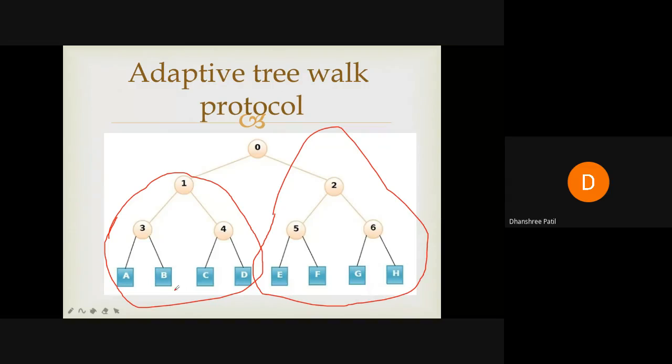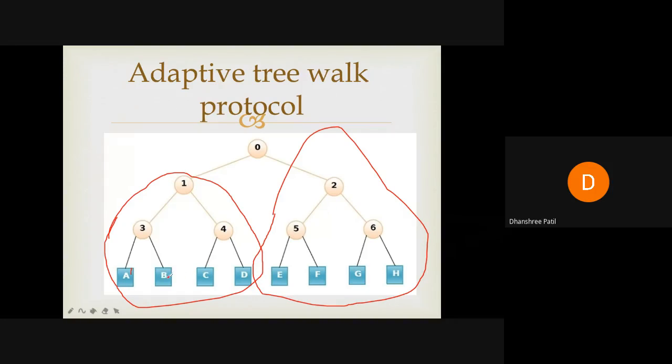Now suppose out of A, B, C, D, A gets access to the channel initially, so it will transmit. But suppose A and C both get access to the channel at a time, so a collision will occur.